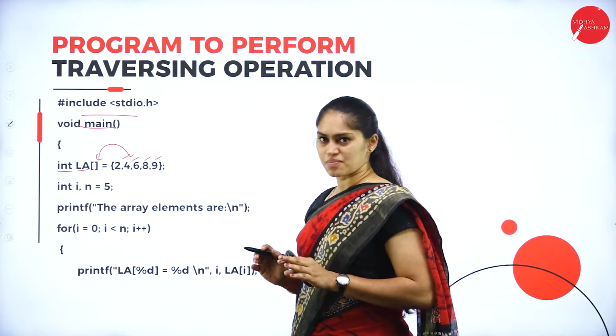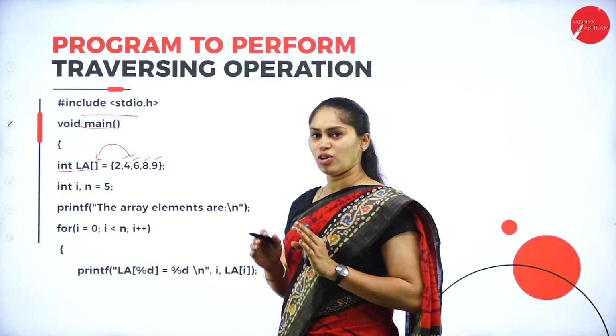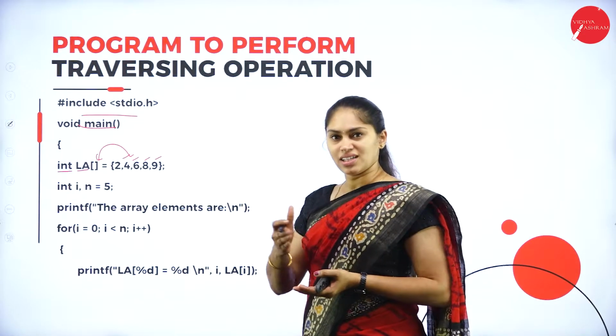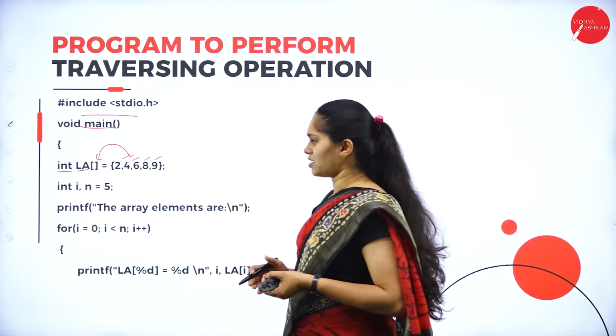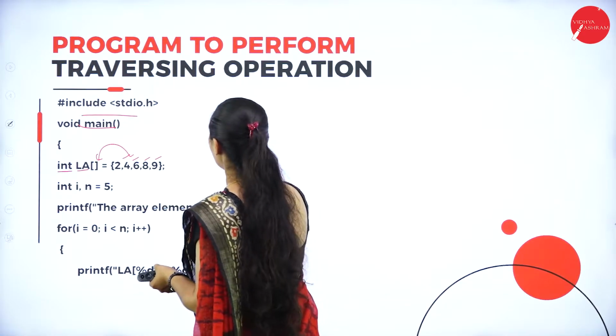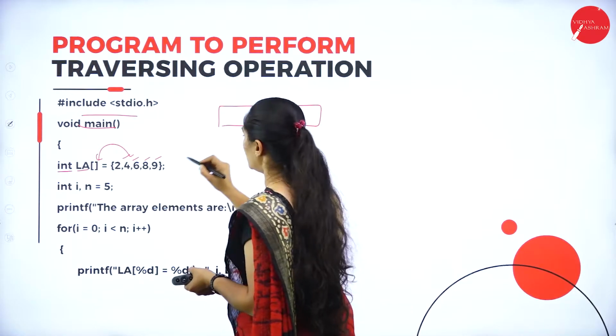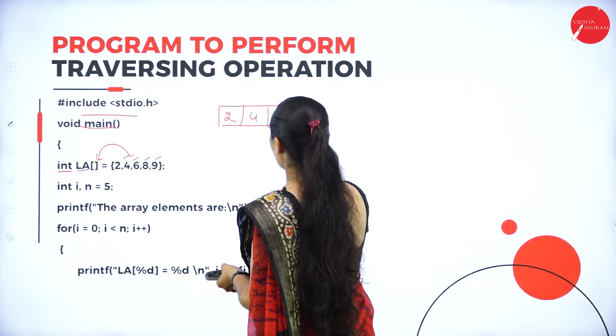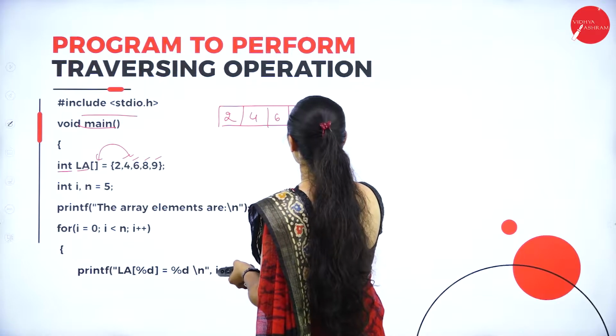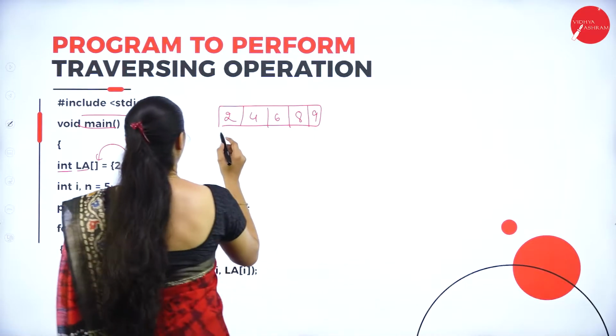Already we all got to know how we are going to initialize, and the different methodologies we have in order to initialize a one-dimensional array. So here the first element will be, consider 2, 4, and we have 6, 8, then 9. Okay. Name of the array is LA.